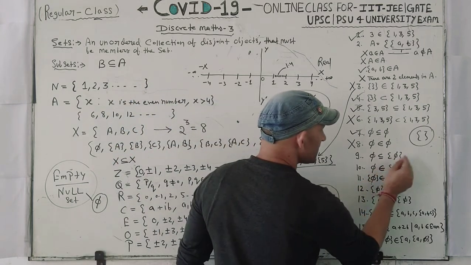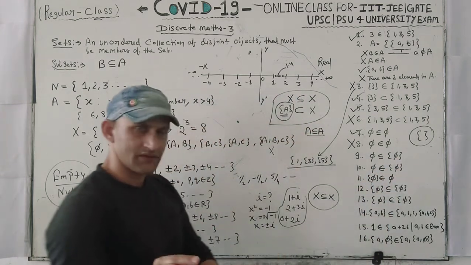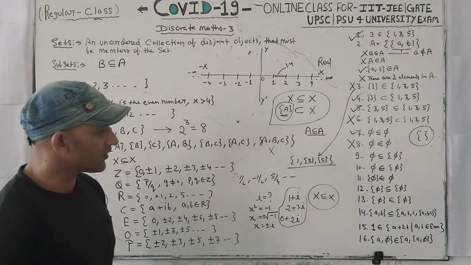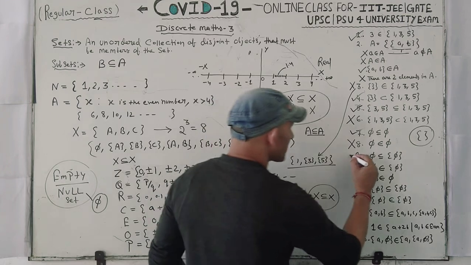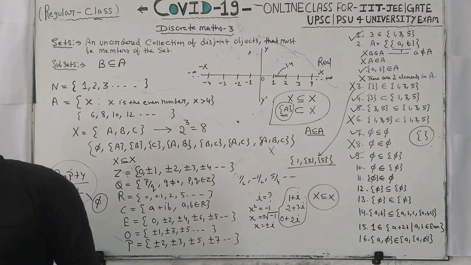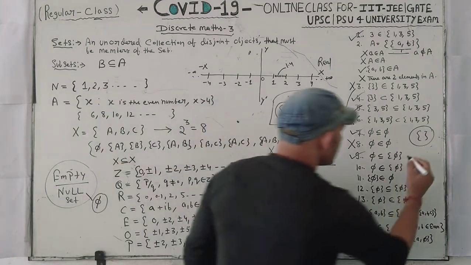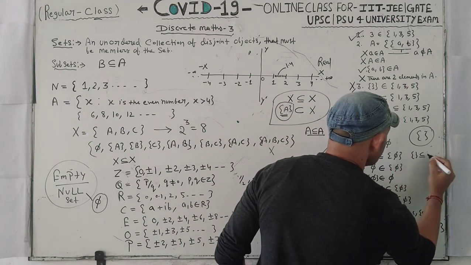In this set there is an element that is ∅, and he is asking whether this is a subset of it. Yes, so this is also a correct answer. You can also think of this question like this.